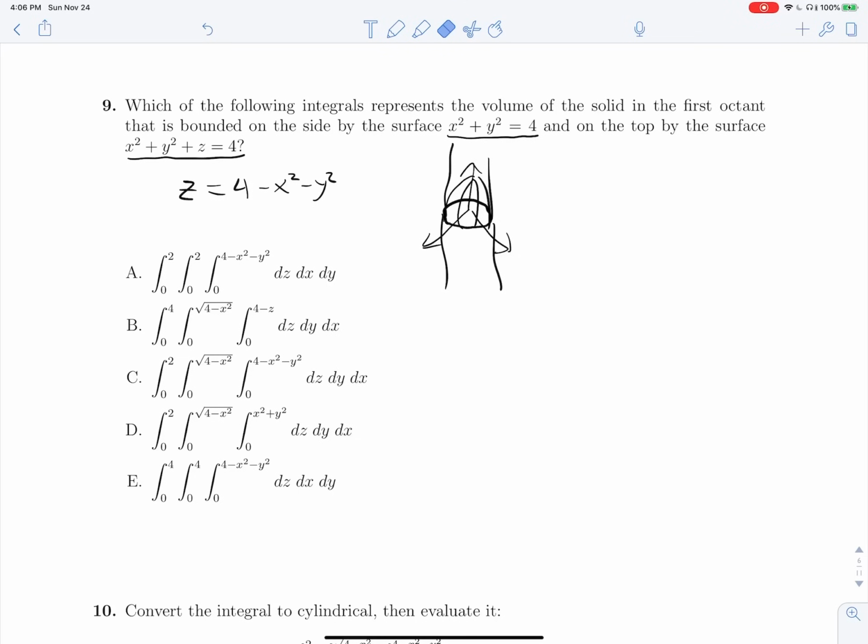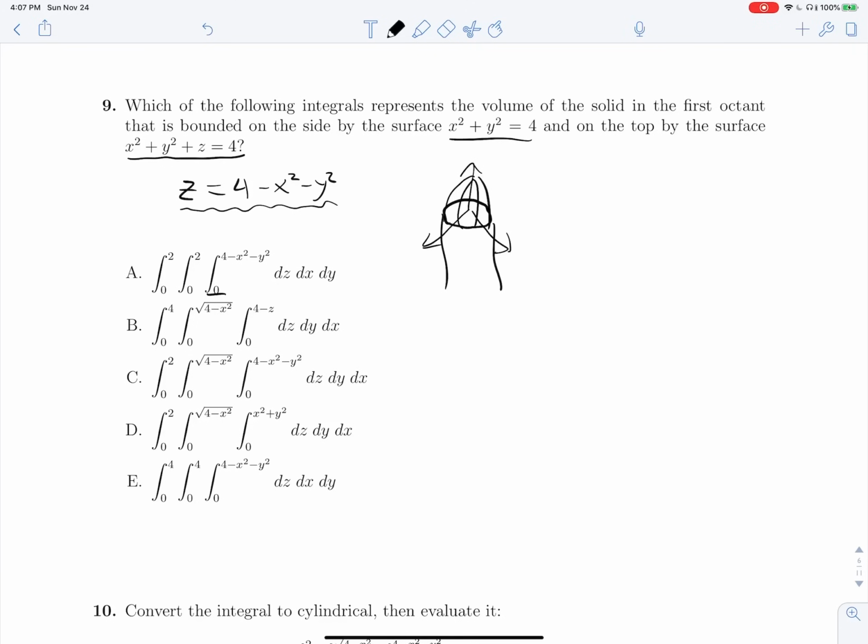Well, if we take a look, this guy, our cylinder here, isn't actually bounding z at all. It's unbound on z. And so our z bounds are going to run from 0, which is just the bottom of the bounds on our first octant, to this expression that we've already seen here.